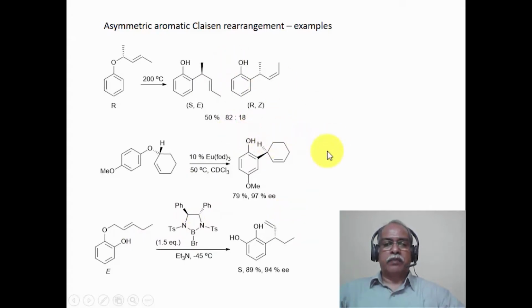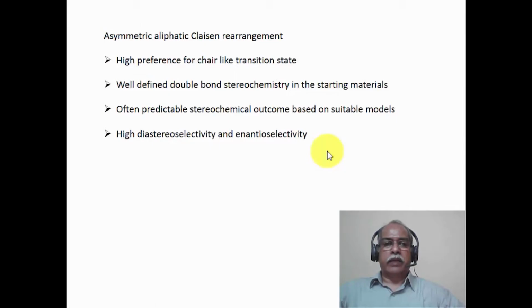Claisen rearrangement. There are not that many examples of aromatic Claisen rearrangement. However, there are several examples of aliphatic Claisen rearrangement, which are asymmetric aliphatic Claisen rearrangements. These are the favorable situations for the high enantioselectivity or high diastereoselectivity, as the case may be, observed for the asymmetric Claisen rearrangement. First of all, the reaction has a very high preference for a chair-like transition state.